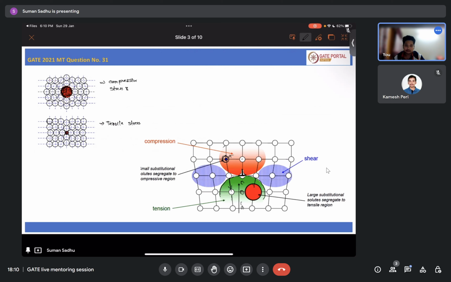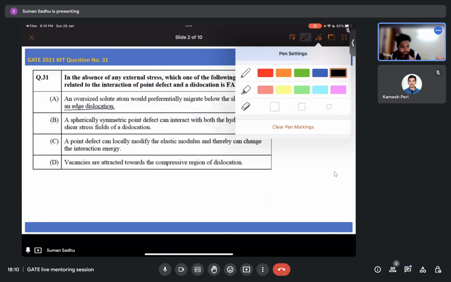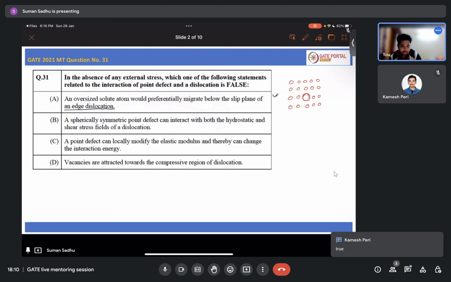All these things are just to minimize the energy near the dislocation area. So now, option A is true or false? Yes, this is true.